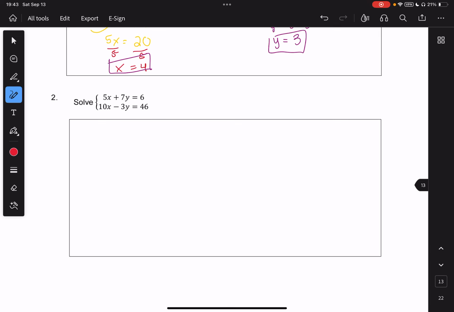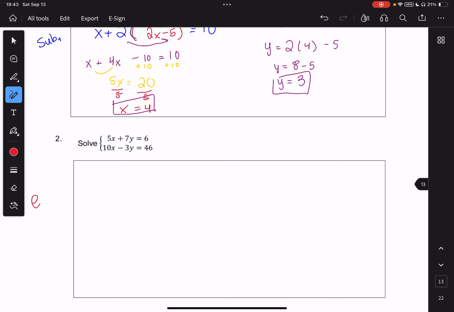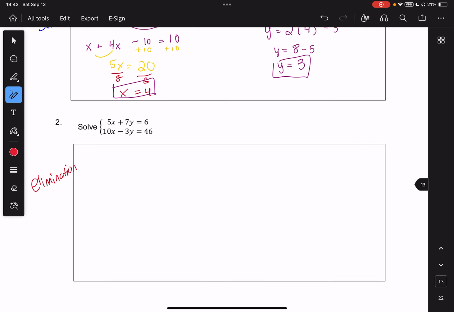Okay, so question number 2. So we did the first one using substitution. We're going to solve this one using elimination. And so what that means is that we're just going to try to eliminate one of our variables. So first what we do is we take a look at our 2 equations, and we don't really have any variables that we can eliminate yet, because we have a 5x and a 10x, and then a 7y and a 3y.